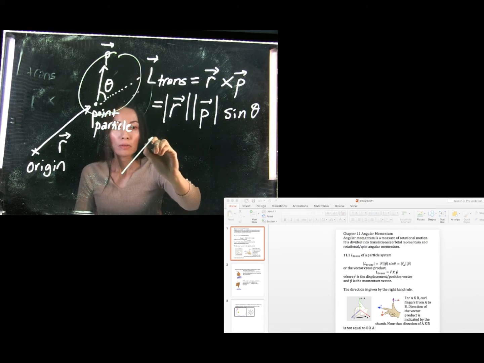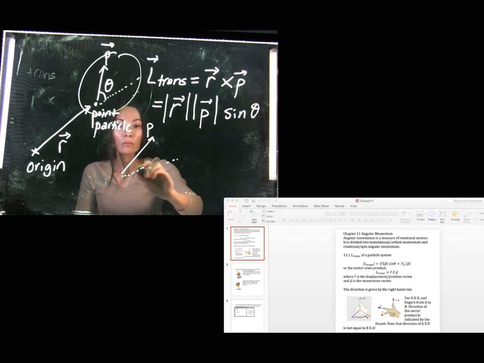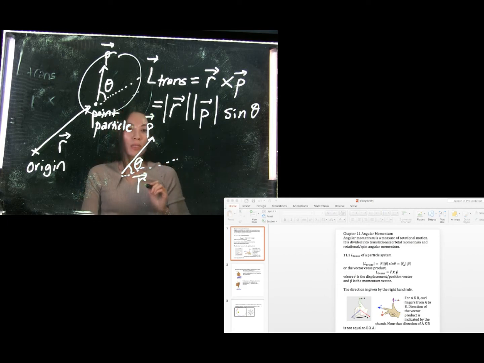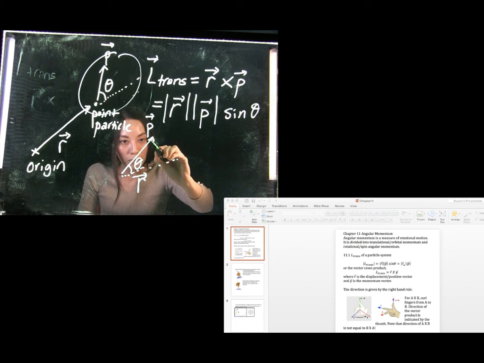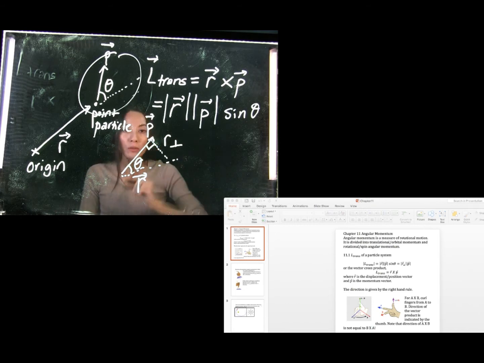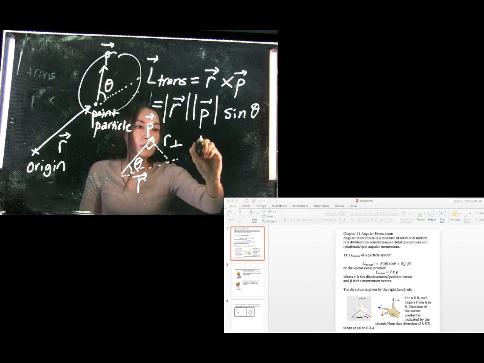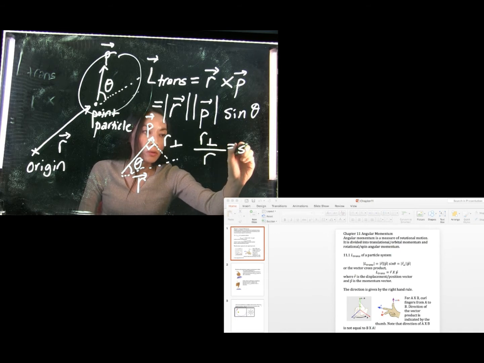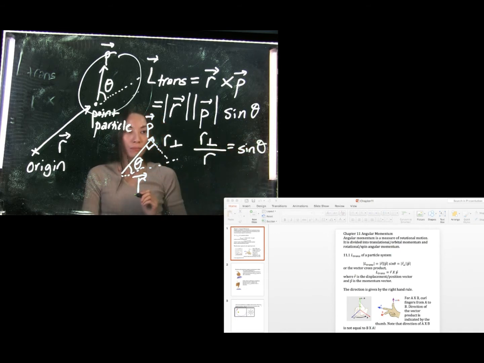If we blow up this image here, we have p, theta and r. If we make an additional vector, r perpendicular, which is perpendicular to the momentum vector p, then r perpendicular over r is equal to the sine of theta.